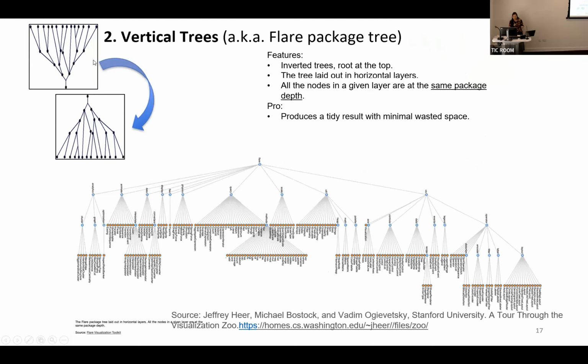We turn it down because in computer time we usually don't see the figured tree with the root at the bottom. You may see from the top and continue on. These are inverted trees, the roots are at the top. The layout shown here has all the nodes in a given layer at the same depth.